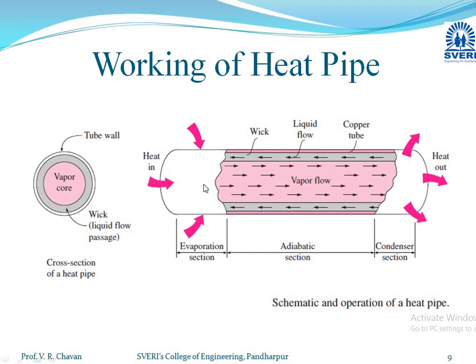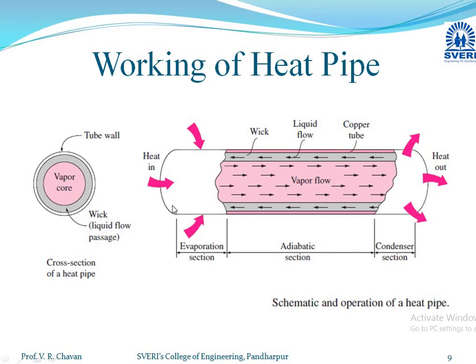Now here the inner surface is provided with a wick section, or a porous section, or we can say a mesh type of structure. Then this tube is made of copper. As the heat source generates heat, this heat will be provided to the evaporative section.